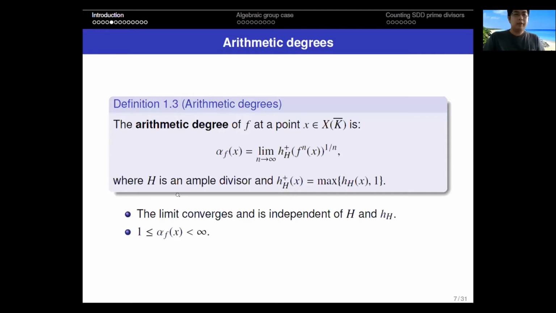The arithmetic degree converges always in this situation, and it is independent of the choice of ample divisor and the associated ample height function. And similar to the dynamical degree, it is larger than or equal to 1 for any point x.